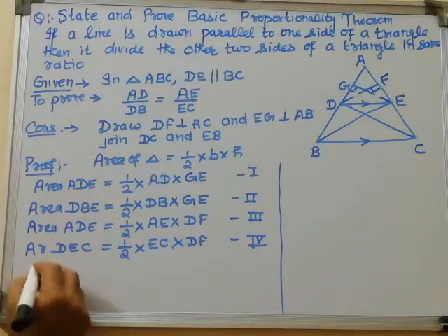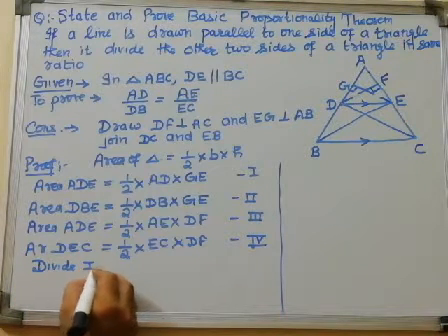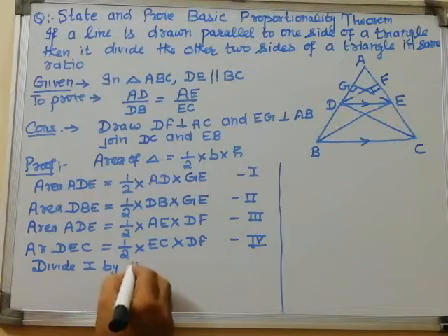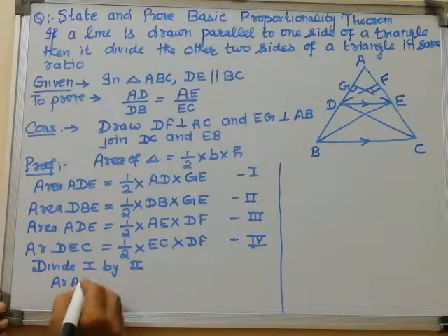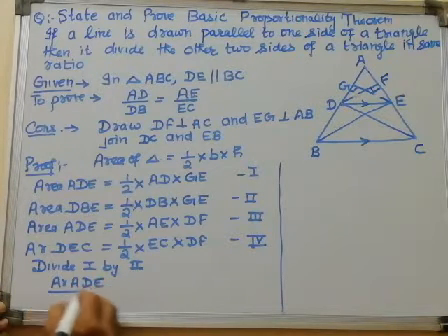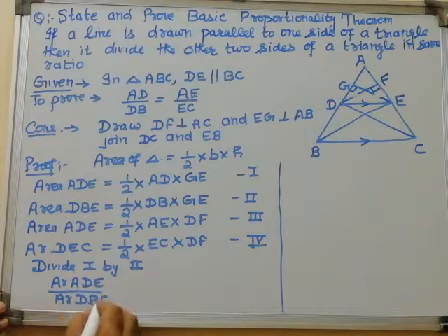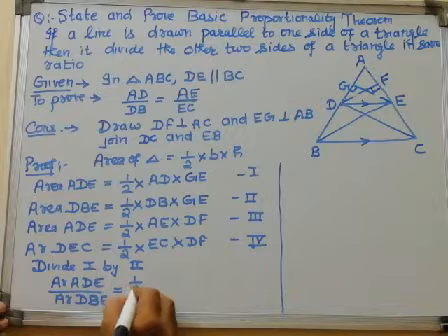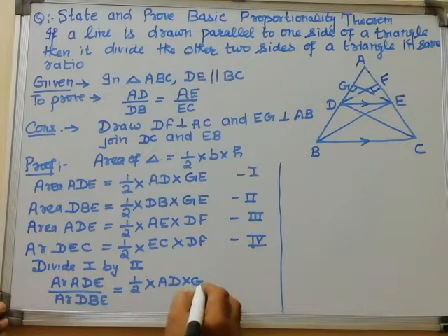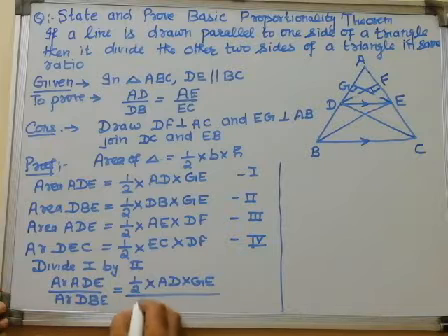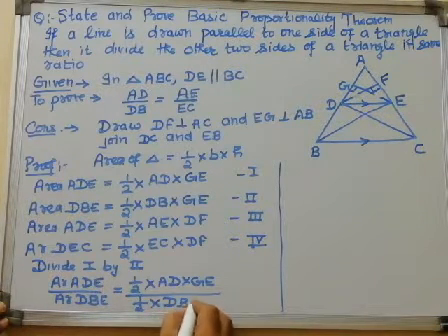Okay. Divide first by second. Area ADE upon area DBE equal to half of AD into GE upon half of DB into GE.